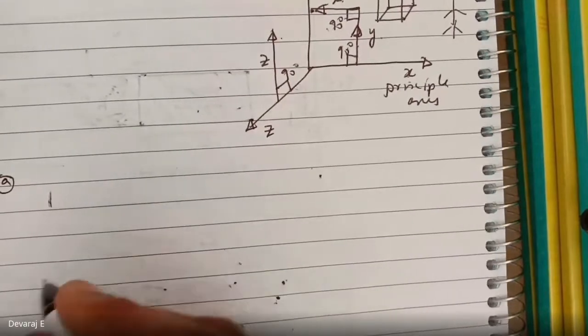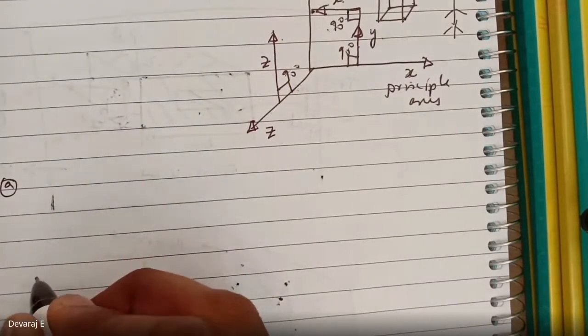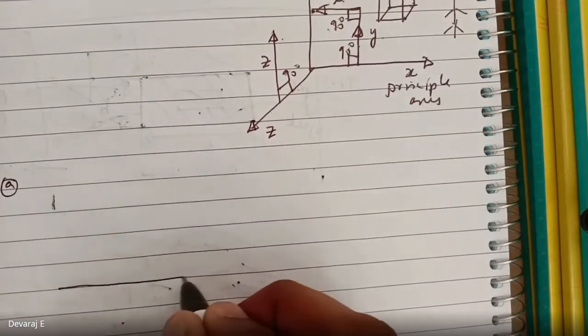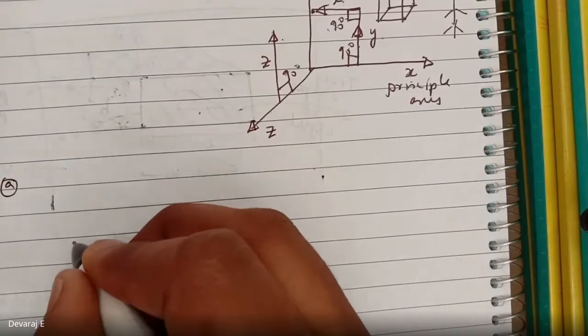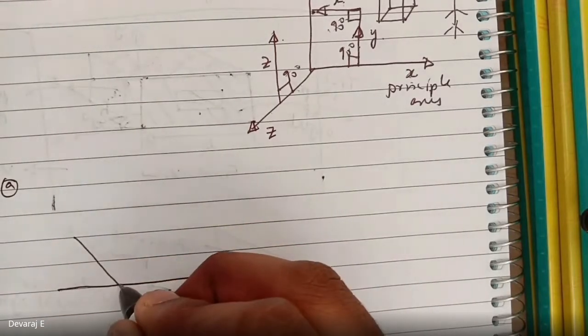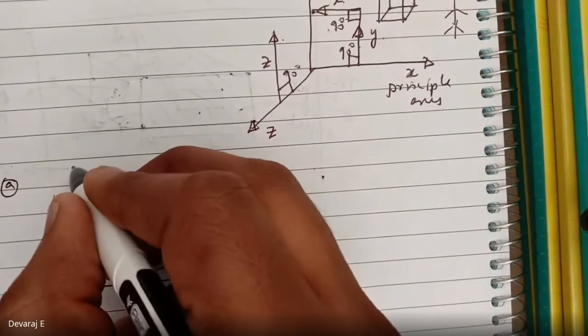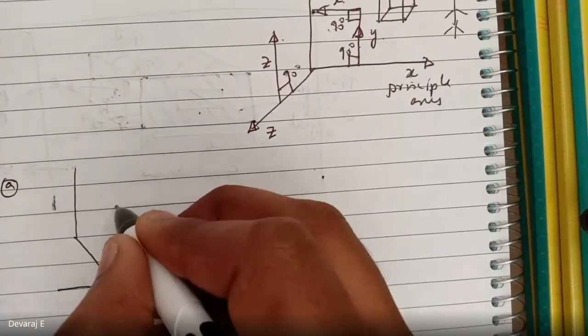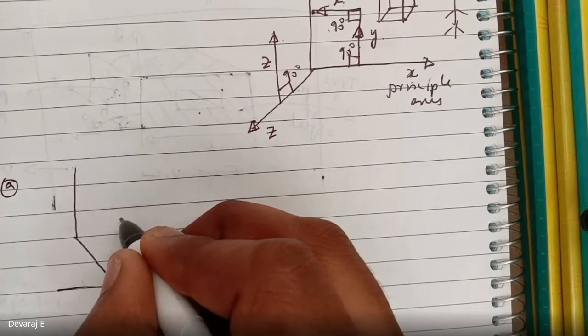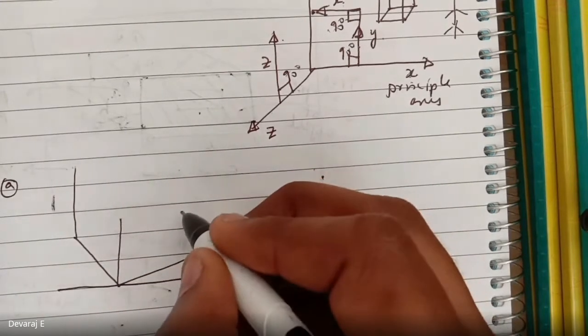Shall I write it down? Assume this is a cube. So I'm taking a cube.